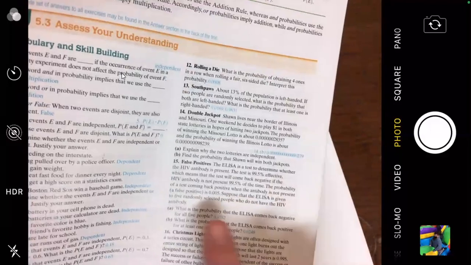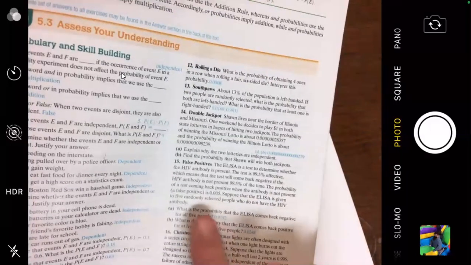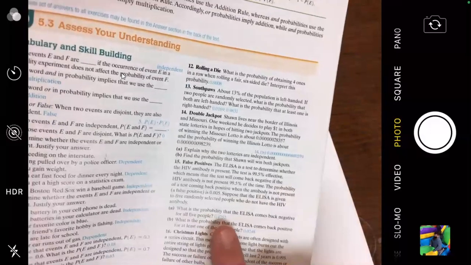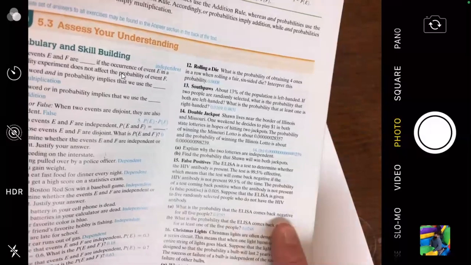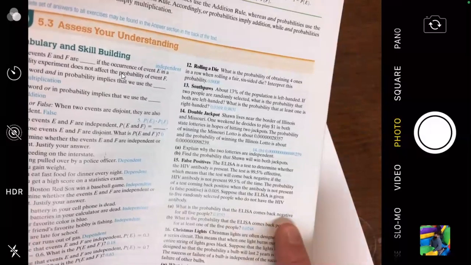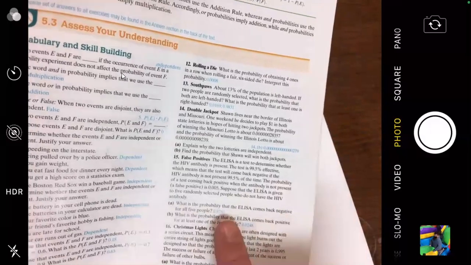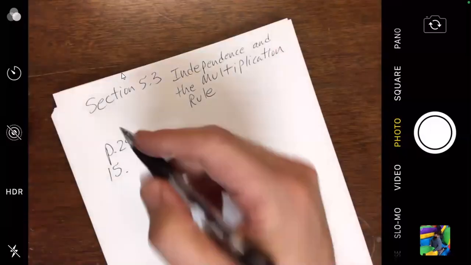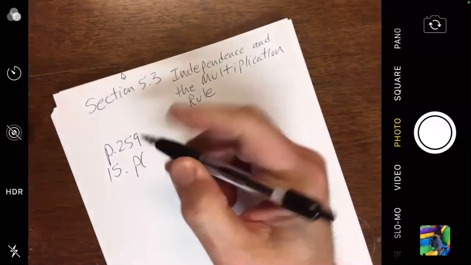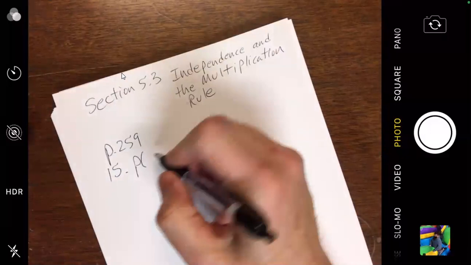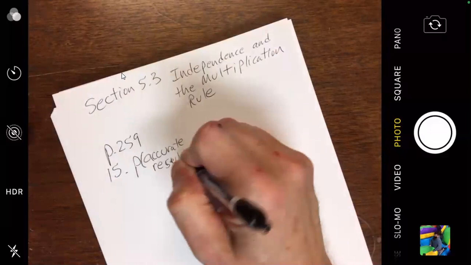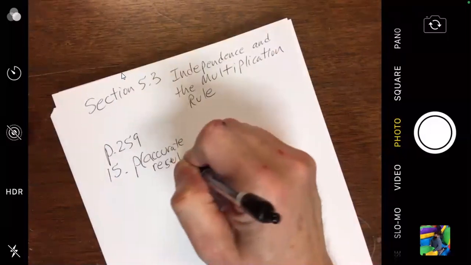So we give the ELISA to 5 randomly selected people who we know do not have HIV. So what's the probability that the ELISA comes back accurate, negative in other words, for all 5 people? Okay, so probability, basically an accurate result for all 5 people.